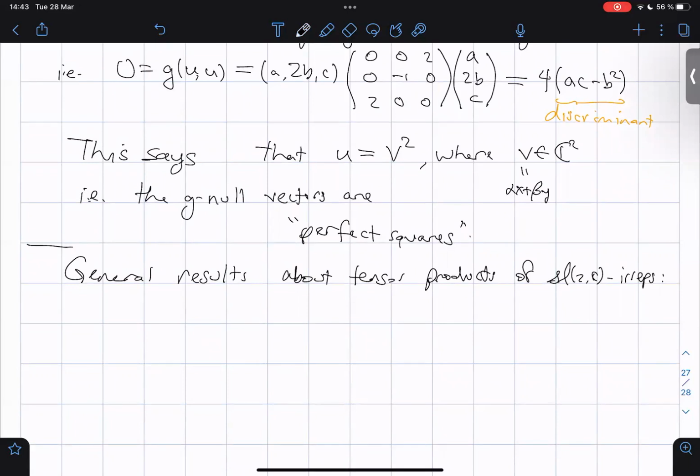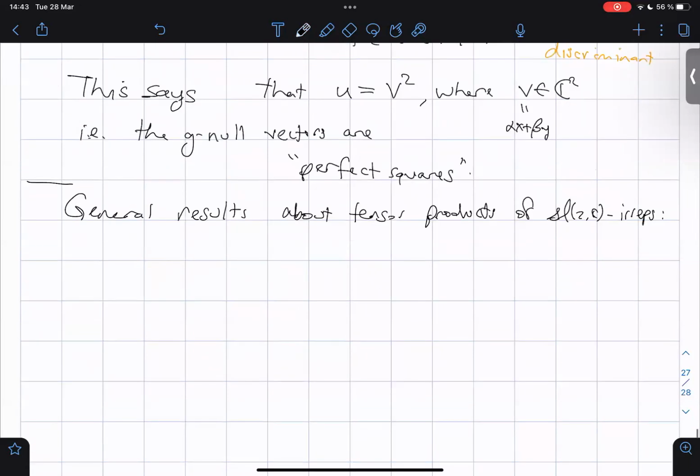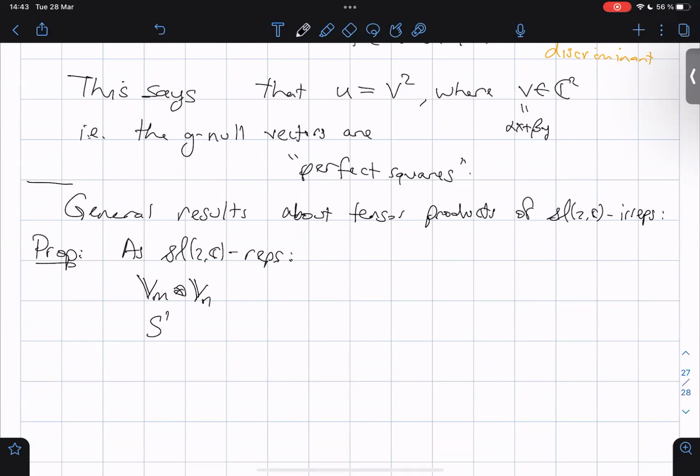You can prove it using the ideas that we've introduced today, as SL2 representations. So let's go back to the question that motivated this section: V_M tensor V_N, S^2 V_M, wedge 2 V_M.